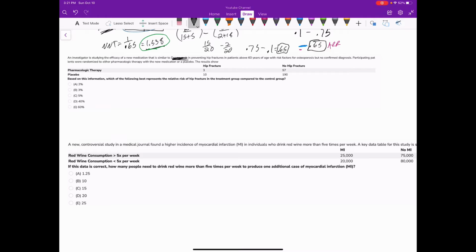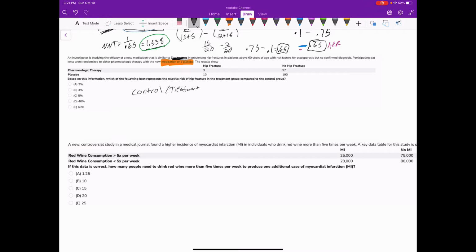Participating patients were randomized to either pharmacological therapy with a new medication or placebo. The results show blah. Okay. All I care about right now, boom. New medication or placebo. Okay, so we know we're going to do a drug versus a non-drug. So what is that going to be? We're going to have a control group and a treatment group. Okay.